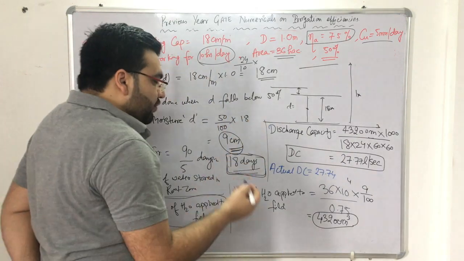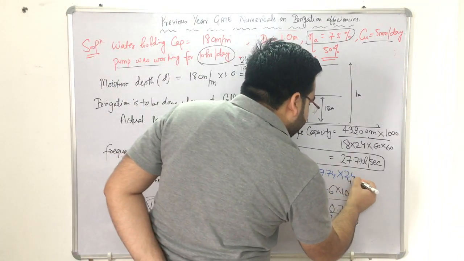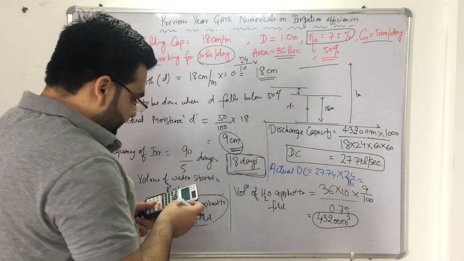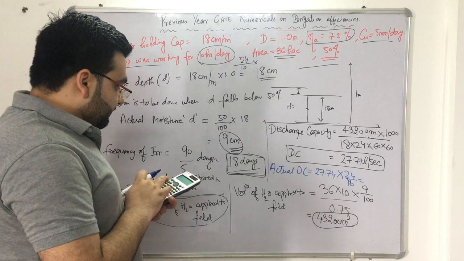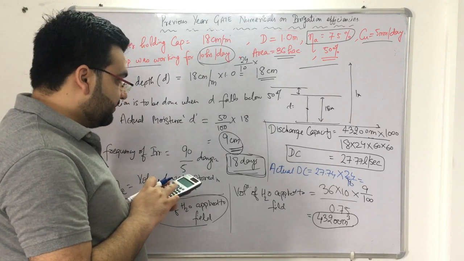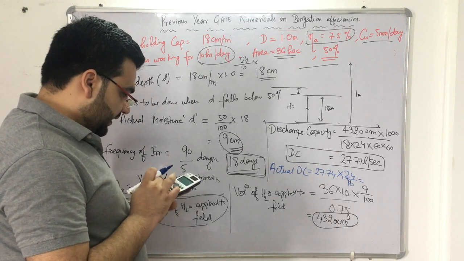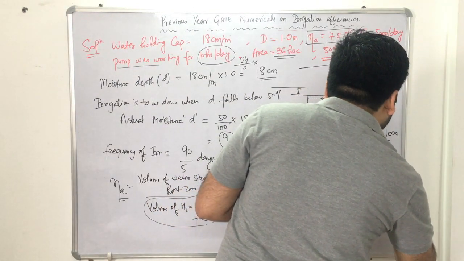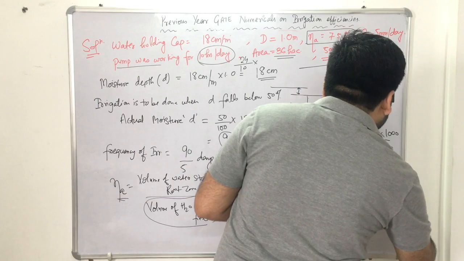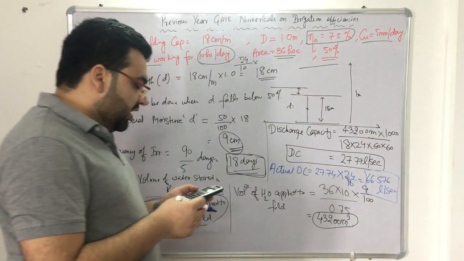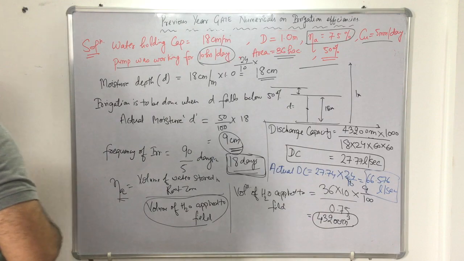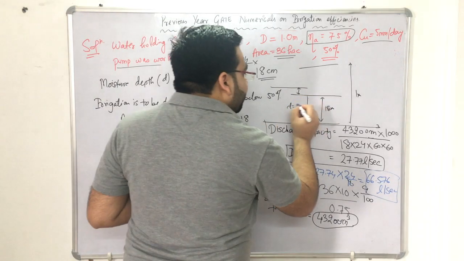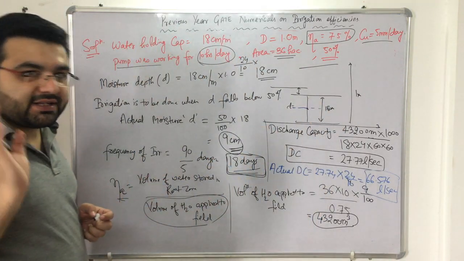So you have to do extra work, that is 24 divided by 10, so it will be equal to 27.74 multiplied by 2.4, that is 66.576 liters per second. So this is the actual discharge which the pump has to discharge to this particular land or area to fulfill the irrigation demand or irrigation capacity.